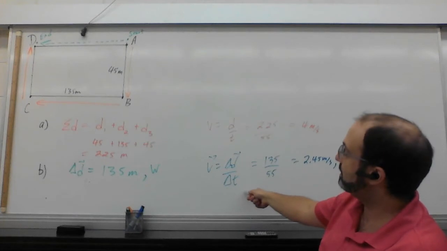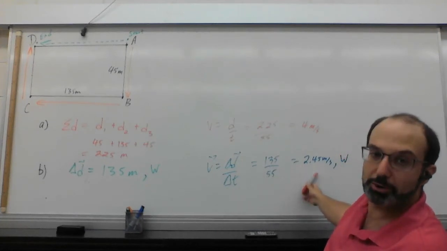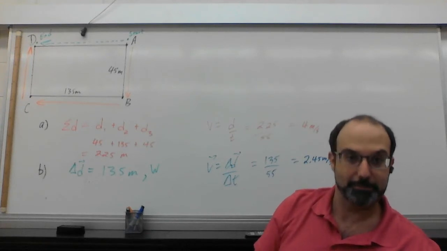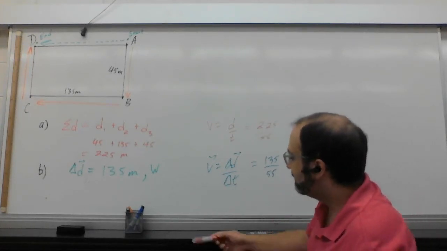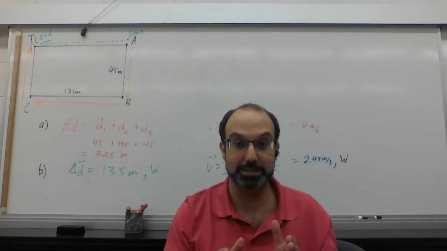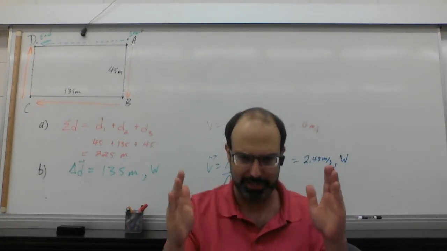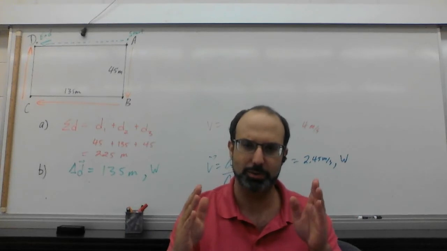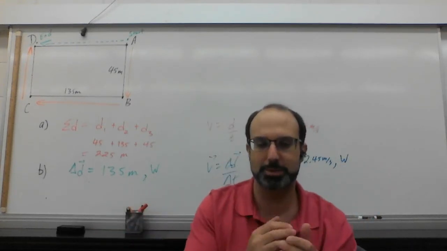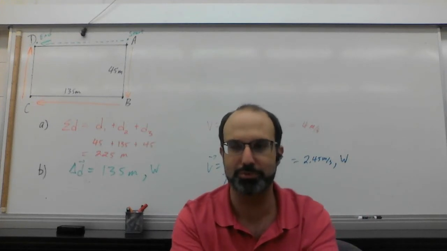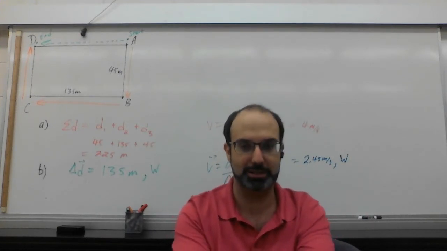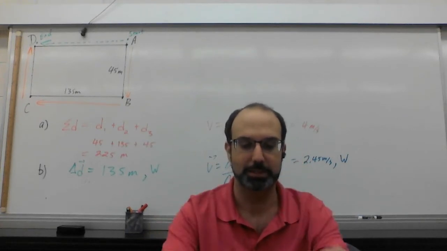The person taking the shortcut can afford to go slower because they have to cover less distance in the same amount of time. What we're seeing here is that displacement is all about straight lines. Distance can wander a bit, and as a result, displacement is usually the physics way of saying this is the most efficient way to get from here to there.